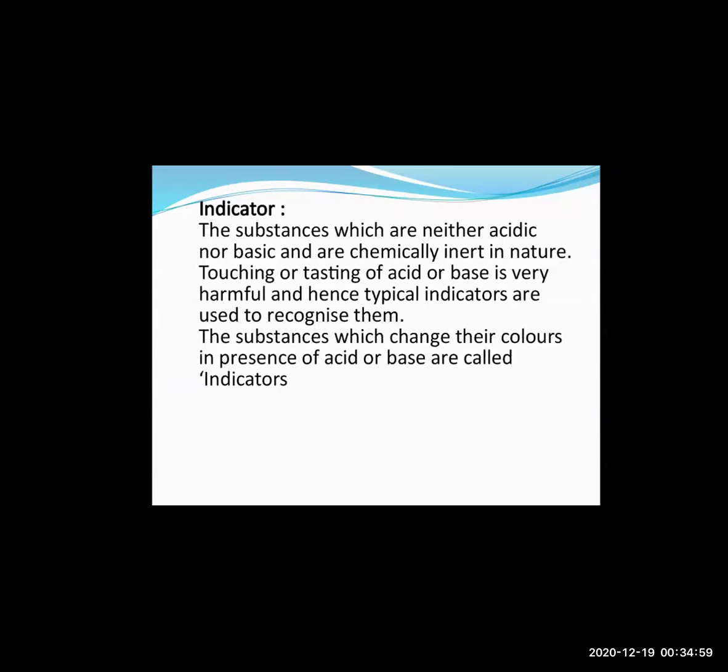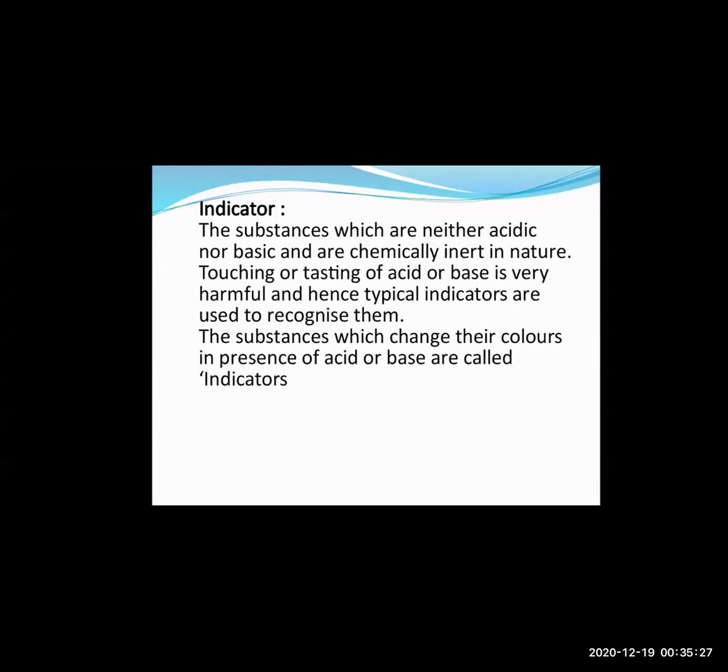With the help of litmus paper, if the color of the litmus paper changes in acid solution or base solution, that time we can recognize that this solution is an acidic solution or this solution is a basic solution. But some substances are there which are neither acid nor base. So such substances are called inert substances. There are some substances which are inert in nature.